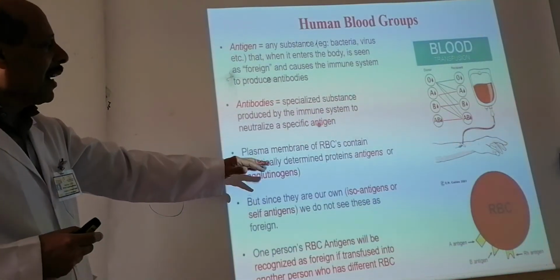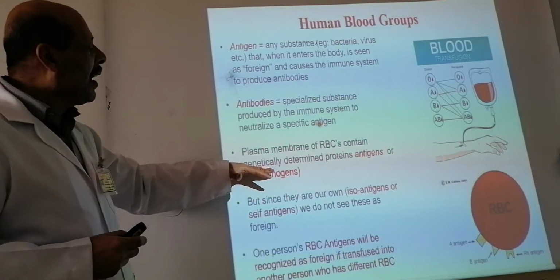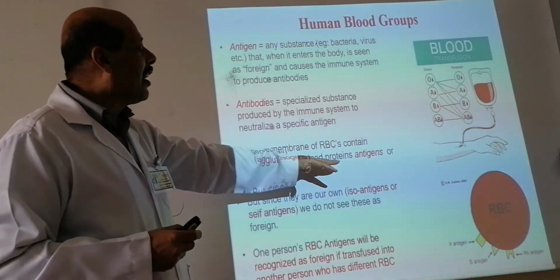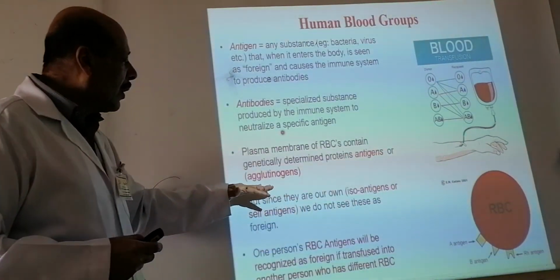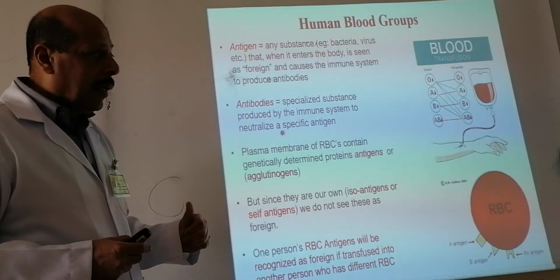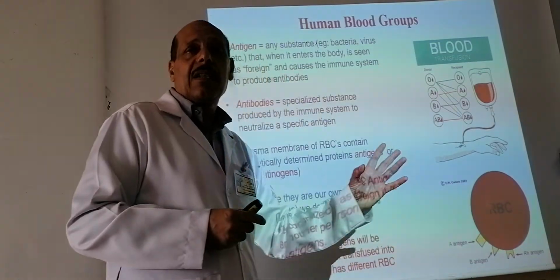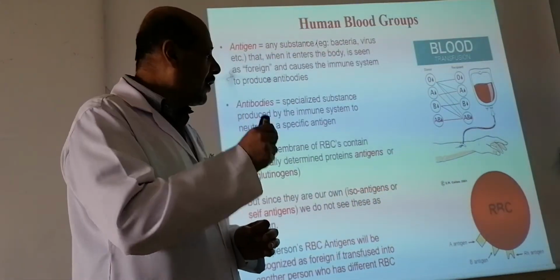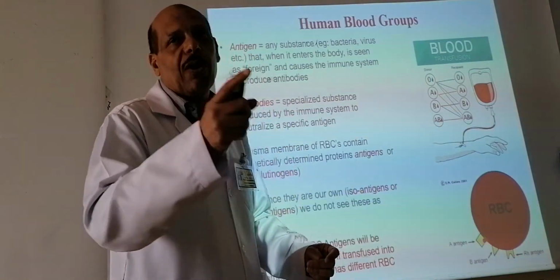The plasma membrane of the red blood cells contains a genetically determined protein, which is the antigen, or the agglutinogen. So the antigen is present on the surface of the red blood cells: antigen A or antigen B.